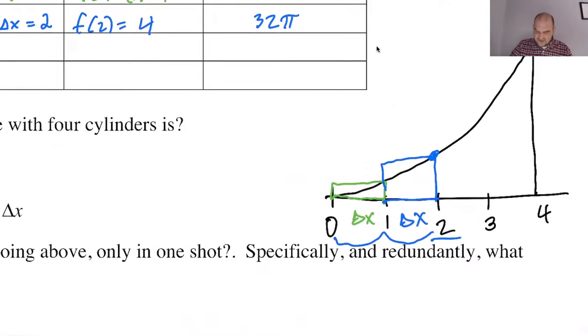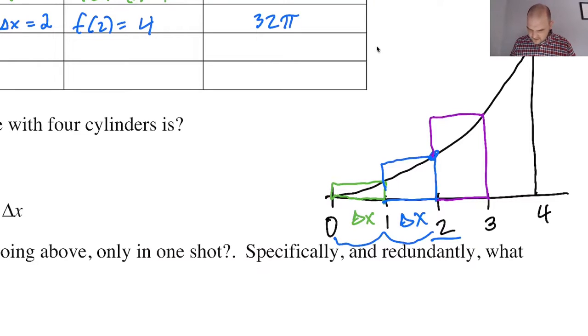So the next thing we're going to do is, I'm running out of colors, we're going to start at 2 and go delta x over, which takes us to 3. That's the right endpoint. So 2 was the left endpoint, 3 is the right endpoint. When we get there, we're going to go up to the function, because at 3, we plug into the function to get the radius, and we rotate here to here.